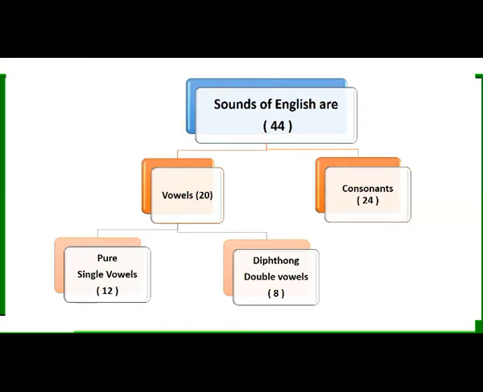So we have 12 single vowels, or monophthongs, and 8 diphthongs.